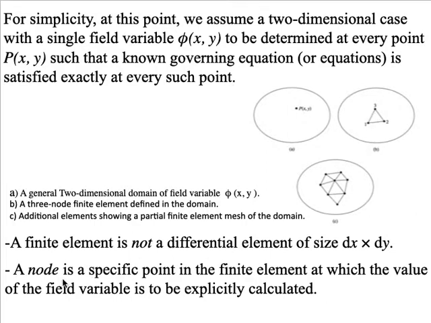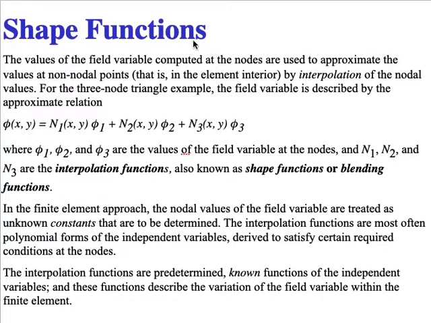A node is a specific point in the finite element at which the value of the field variable is to be explicitly calculated. So we need shape functions. The values of the field variable computed at nodes are used to approximate the value at non-nodal points, that is, the element interior, by interpolation of the nodal values.